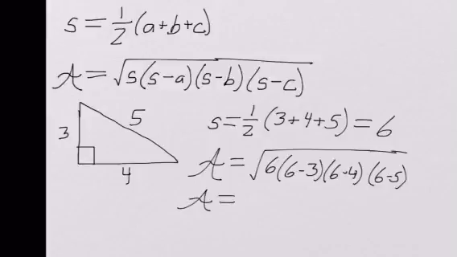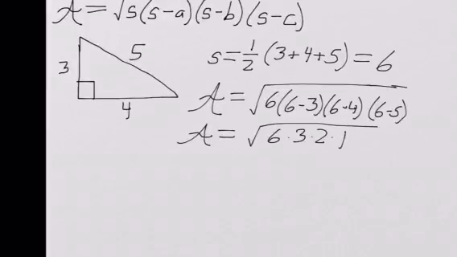And then I can go ahead and simplify within those parentheses. We get 6 times 3 times 2 times 1. I multiply all that together. I get the square root of 36, which is equal to 6.